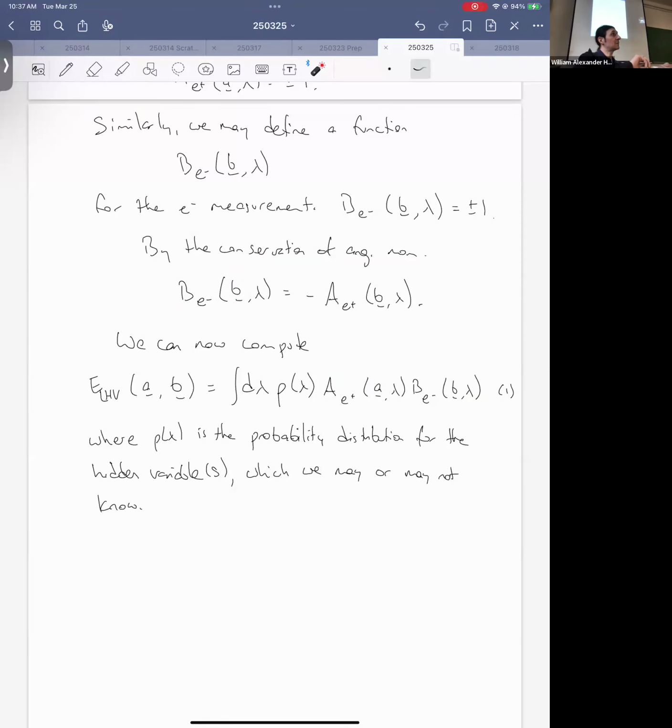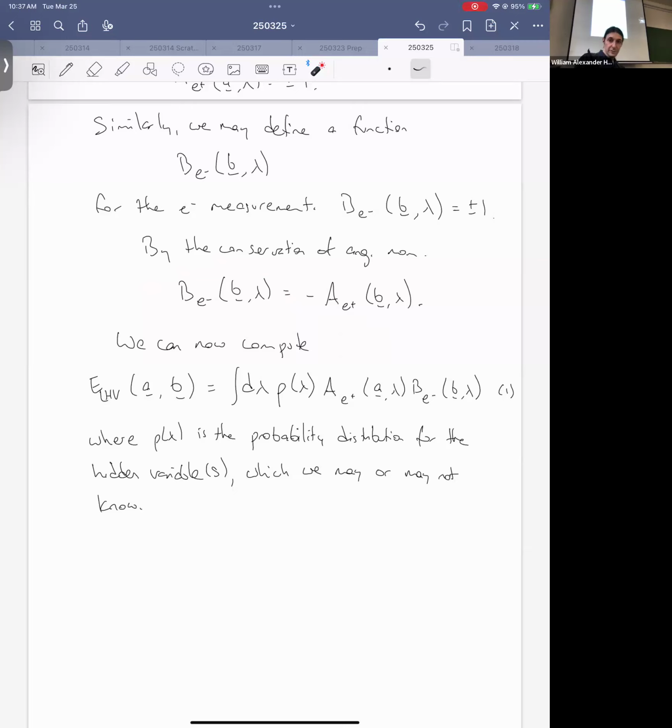So A vector and B vector don't have to be the same when we're evaluating this expectation value, but there is a restriction on the functional form of these two functions, capital A and capital B, which is forced upon us by conservation of angular momentum. Precisely, yes. So if I put into the A function the B direction, I necessarily get out minus what I would have gotten for the B function. Yes, good, great.